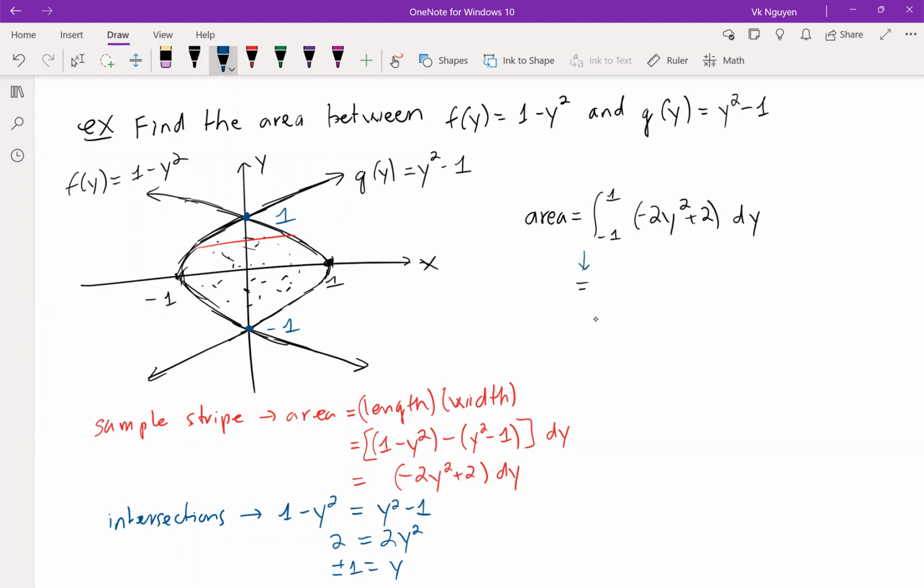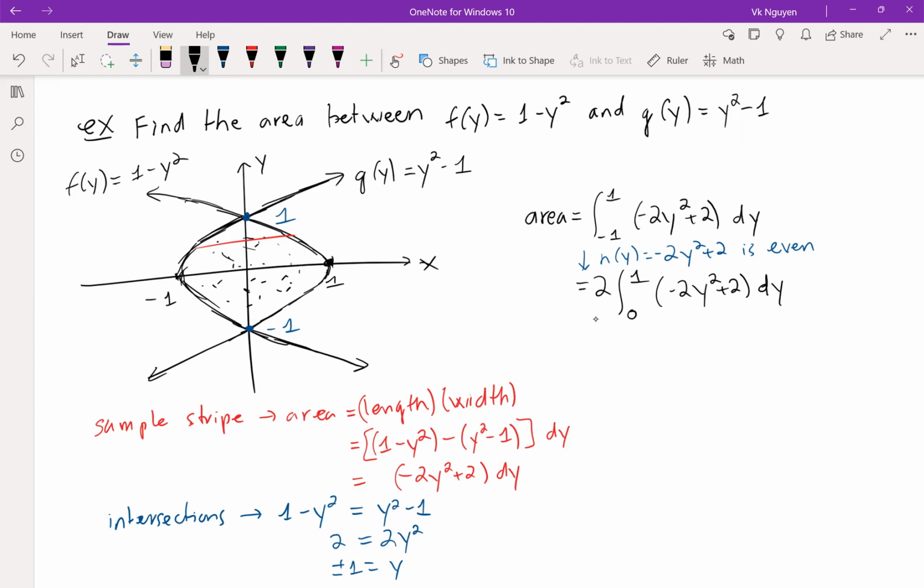Or you can say that the difference between the two functions, call it h(y) equals -2y squared plus 2, is even. So if it's even, then we can write the area as 2 times the integral from 0 to 1 of -2y squared plus 2 dy.